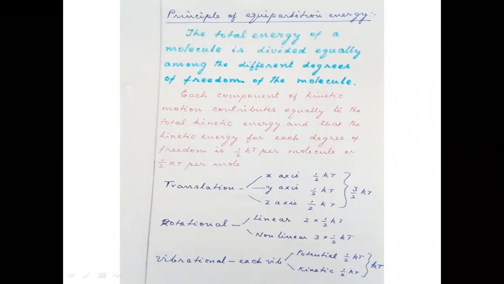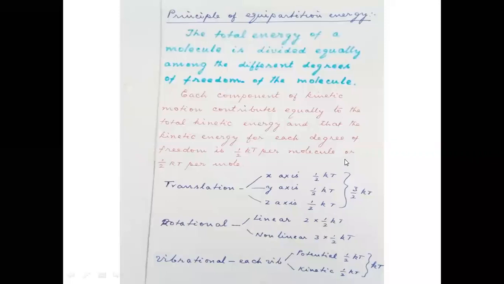Each component of motion contributes equally to the total kinetic energy, and the kinetic energy for each degree of freedom is half kT per molecule or half RT per mole. This k is Boltzmann's constant, so this is per molecule.